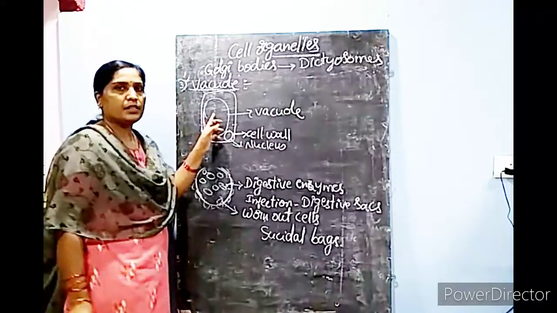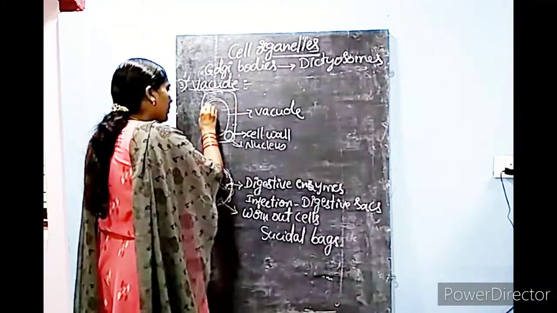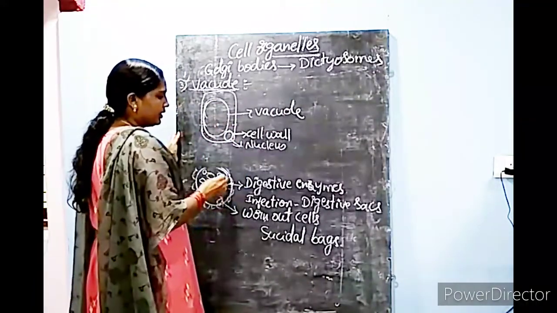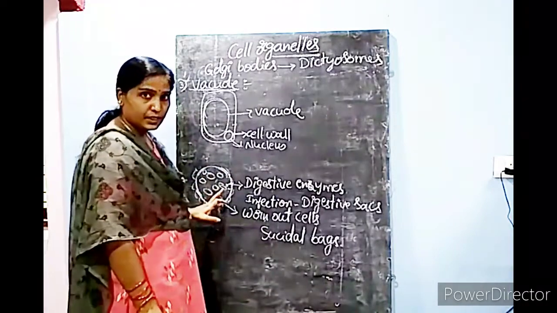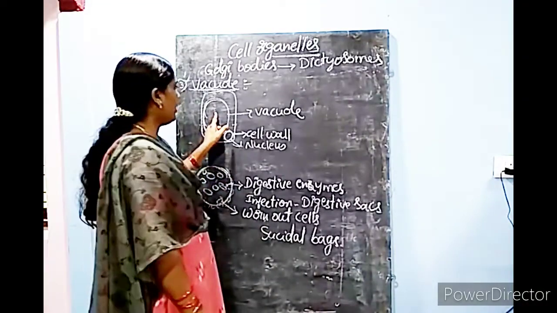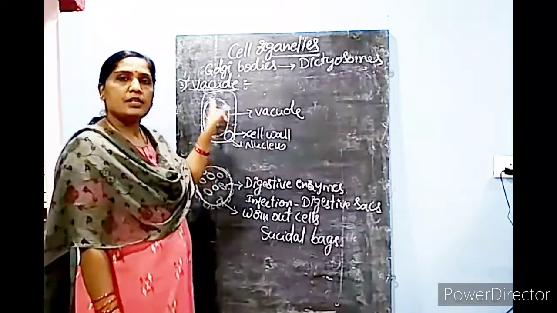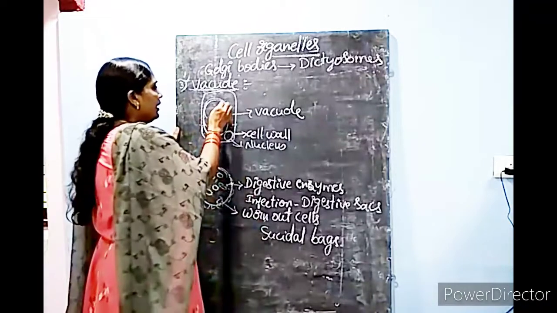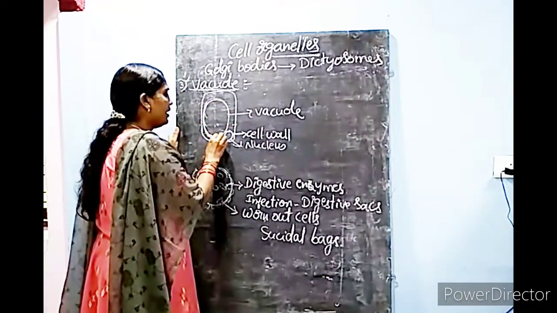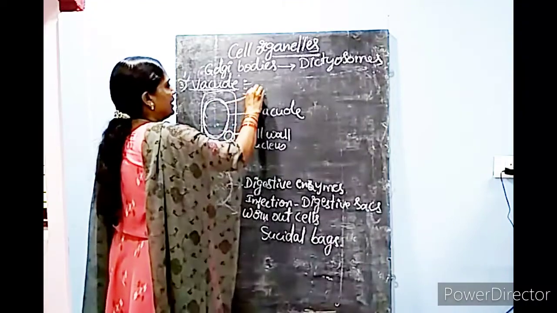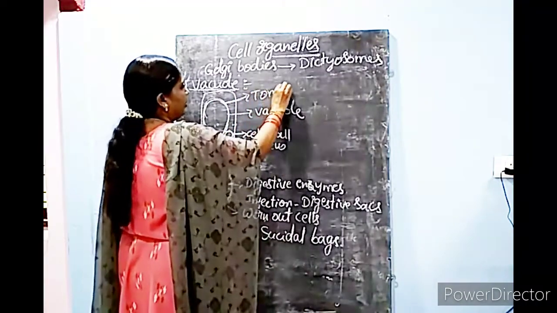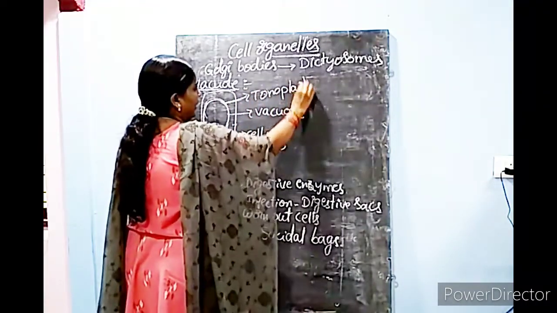It is also a single membrane, like our lysosomes. Just now we discussed lysosomes are single membrane. In the same way the vacuole is also single membrane, and it is covered by a membrane known as tonoplast. What do we call it? Tonoplast.